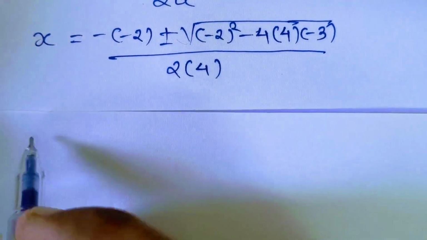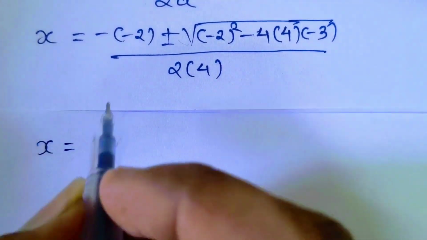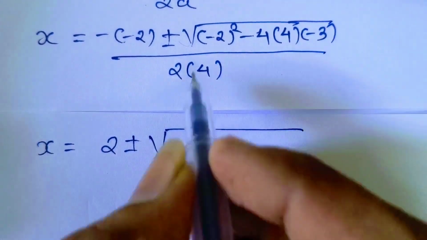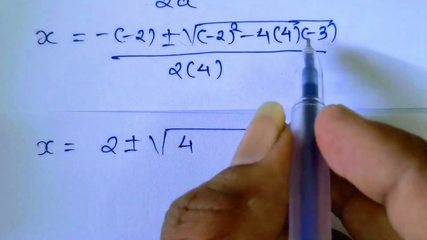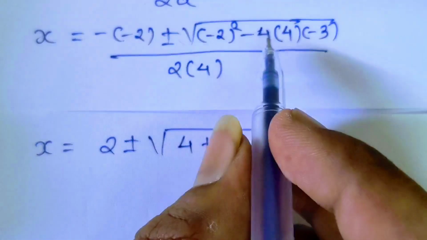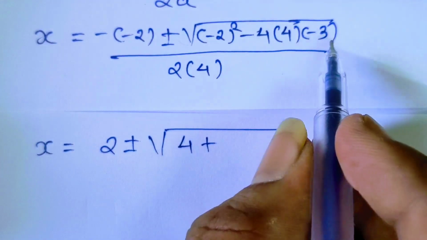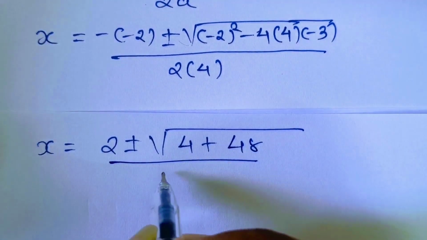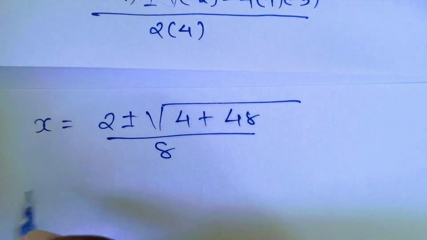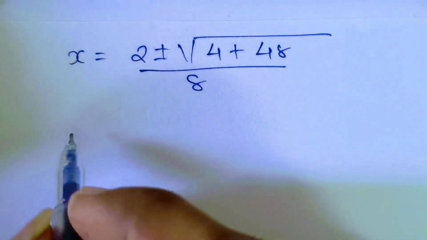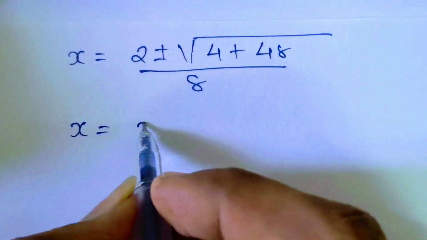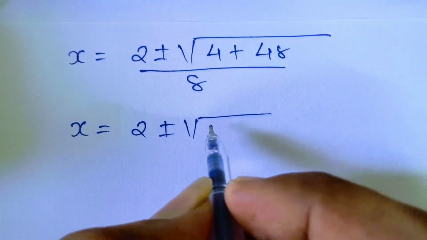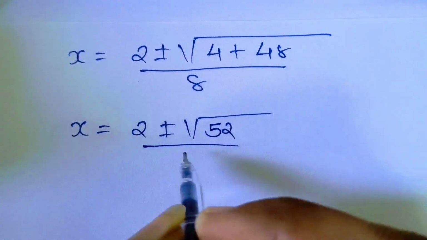Now x is equal to 2 plus or minus the square root of 4 plus 48 upon 8, since 4 into 4 into 3 is 48, and 2 times 4 is 8. So x is equal to 2 plus or minus the square root of 52, which is 13 into 4, divided by 8.